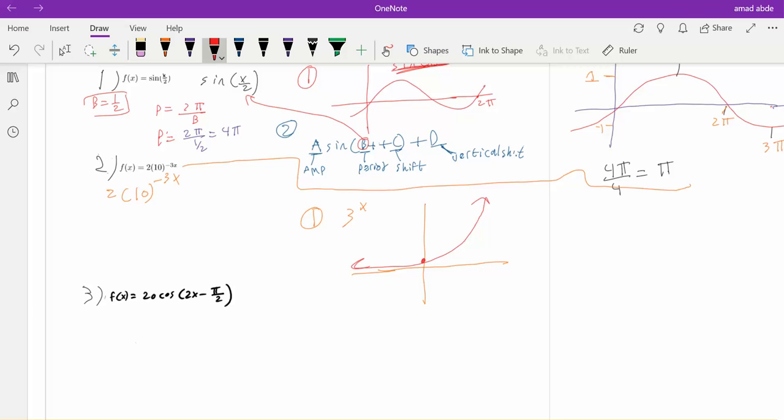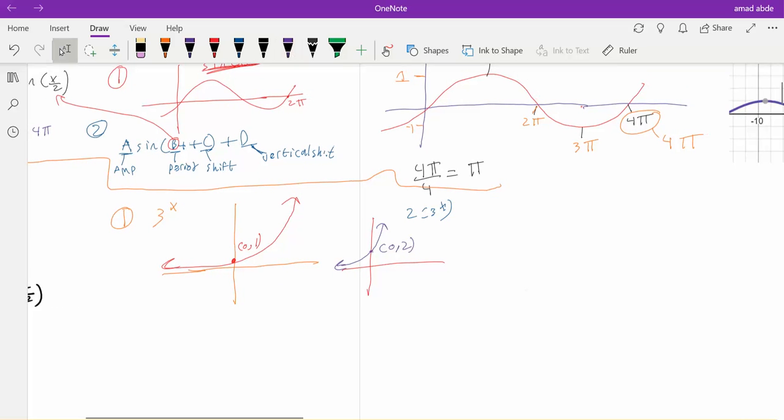But if we multiply 3 to the x by 2, for example, so let's say we're doing the graph of 2 times 3 to the x, then the graph would look the exact same, and it would just go through the point 0, 2. And if we flip the sign of x, if we make it 3 to the -x, then the graph is just going to flip around.